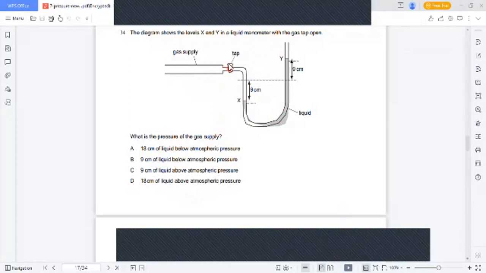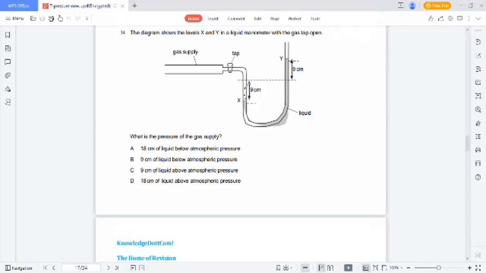Okay, suppose the tap is open, the gas will move. Gas will push liquid from here to here, and this liquid will rise from here to here. Before the gas was allowed, this liquid was here, and it was still here.